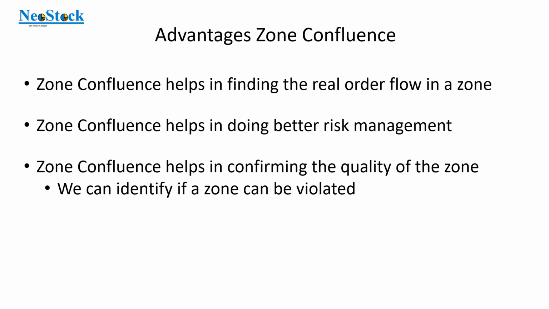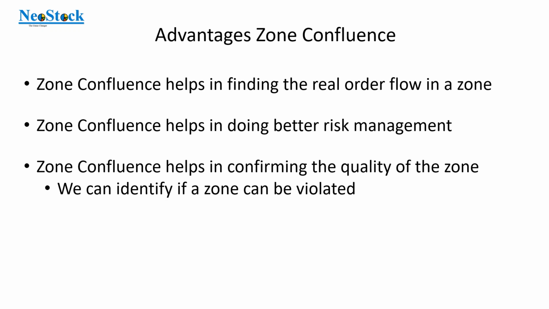Then we can assess the quality of the zone. If at the lowest level a proper order flow is there, then we can say there is a higher success rate. If the proper order flow is not there, definitely we can say we should not take an entry in that zone. There are higher chances of getting failure in that zone.